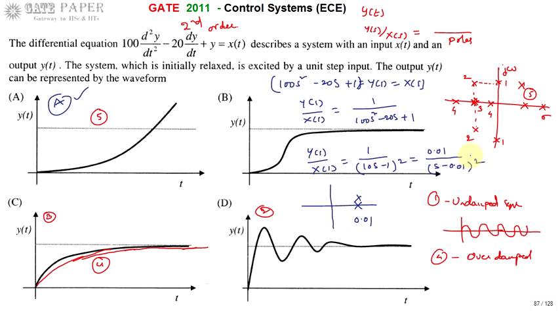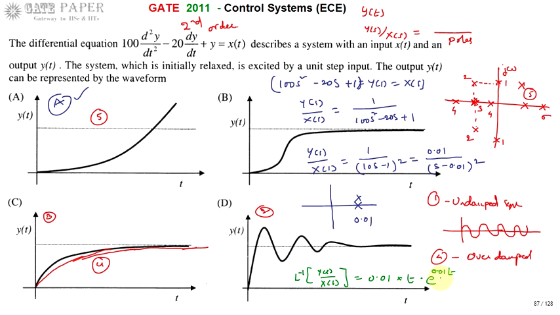Taking the inverse Laplace transform of 0.01 by (s minus 0.01) whole square, we get 0.01 times t times e power plus 0.01 t, since 1 by s square inverse transforms to t.